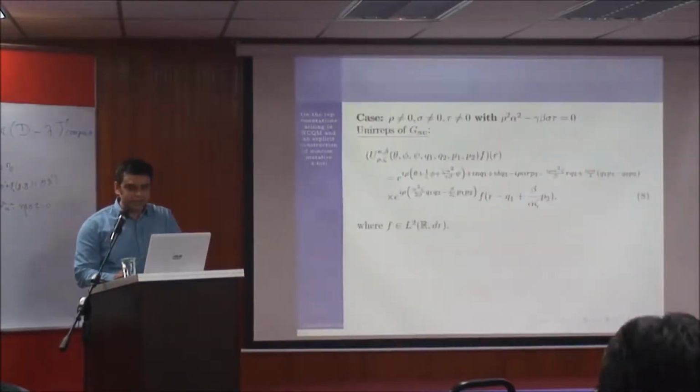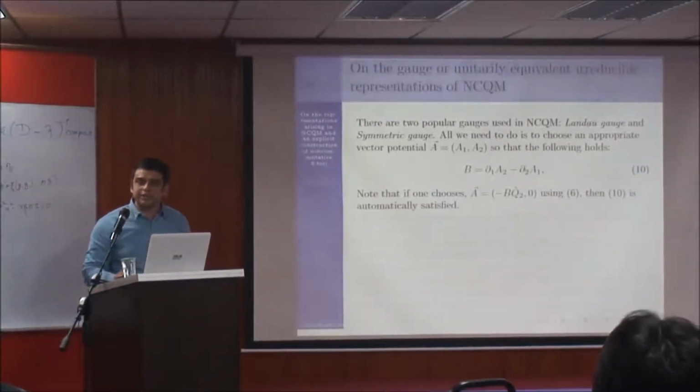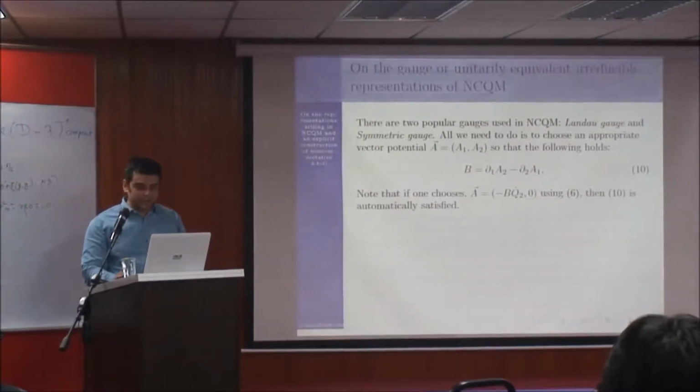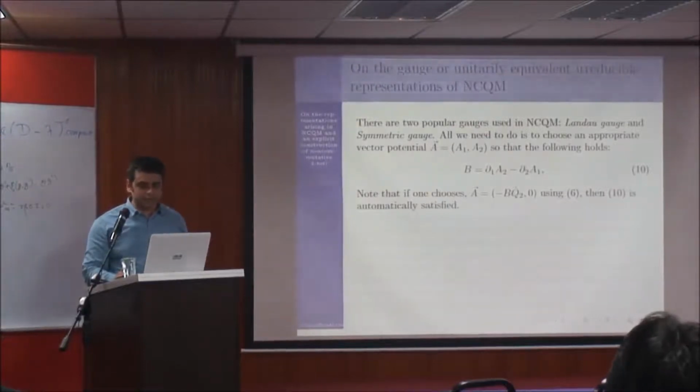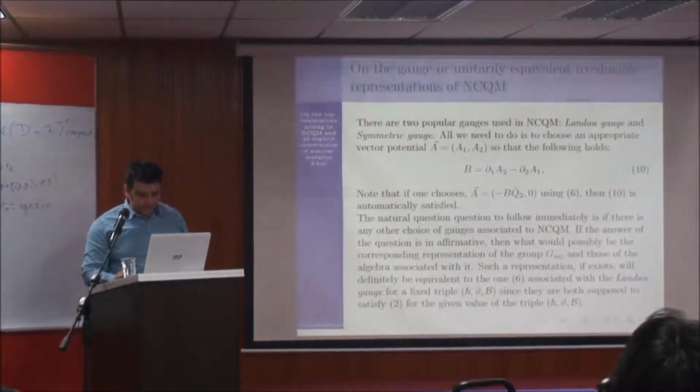If you plug it in there, you will get B on both sides of equation 10. So this is the famous Landau gauge introduced in non-commutative quantum mechanics. It appears in many works written in the last decade.